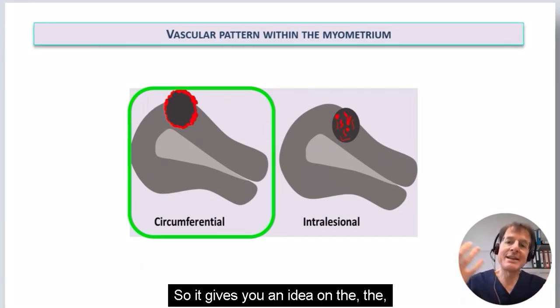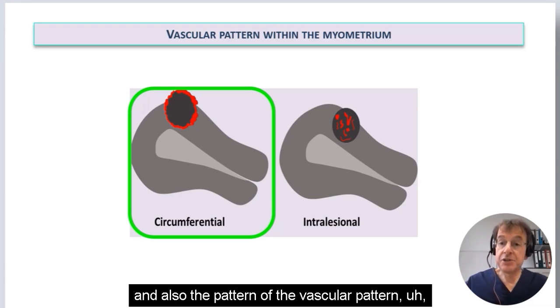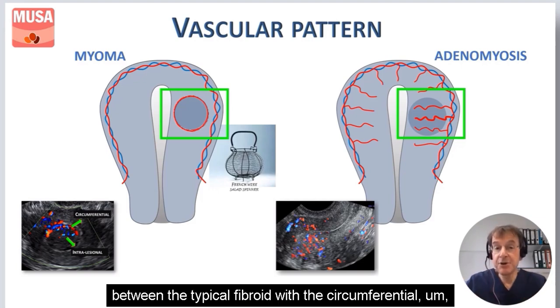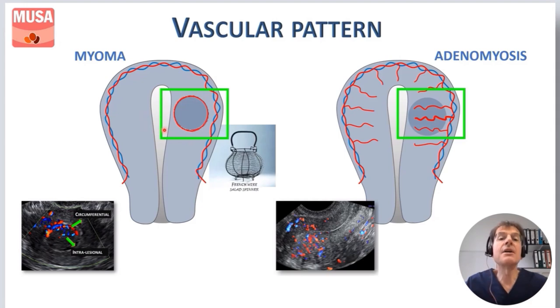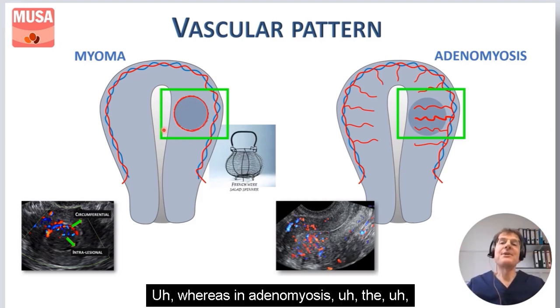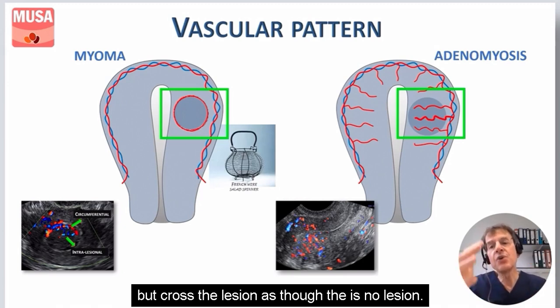So it gives you an idea of the growth potential of the lesion, and the vascular pattern of the lesion can also allow you to make the difference between the typical fibroid with the circumferential vascularization, just like a French wire salad spinner, whereas in adenomyosis, the vessels do not go around the lesion, but cross the lesion as though there is no lesion.